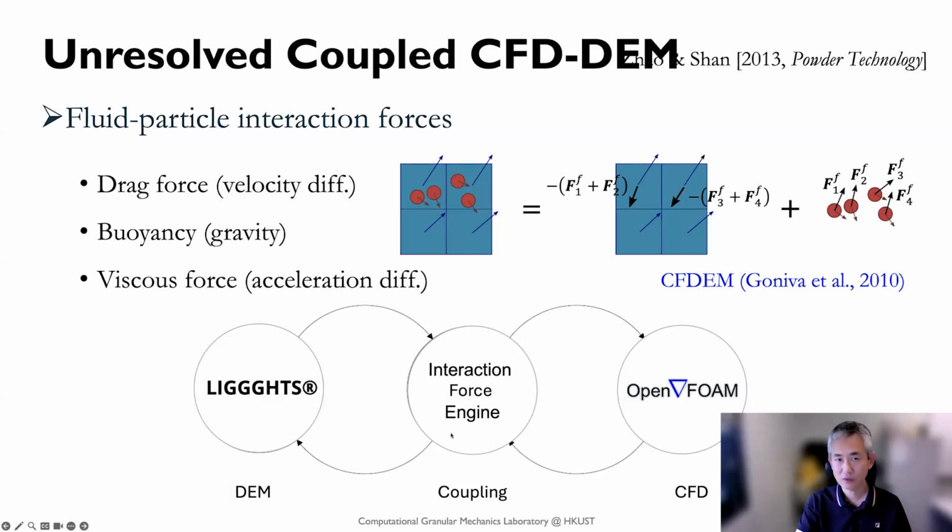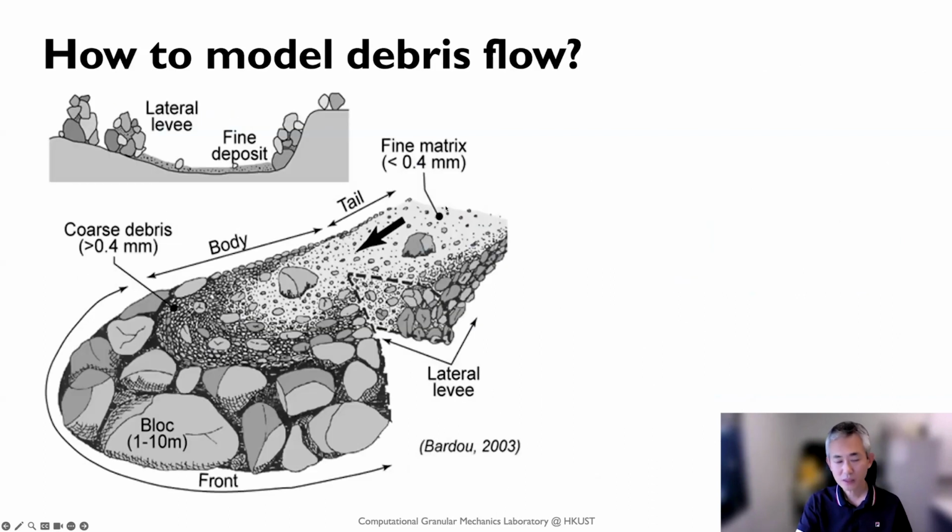So this is unresolved. As I mentioned just now, typically the CFD cell is bigger than the particle size. And indeed, from numerical experience, normally the CFD cell should be at least 3 times bigger than the largest particles in the particle system here.